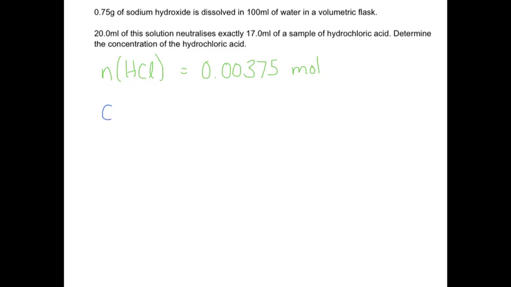So now it's just a matter of using our equation again, this time on the acid. So the concentration of the acid was number of moles divided by volume. We need to convert our 17 mL into litres again before plugging it into the equation. So that's 0.017 litres.